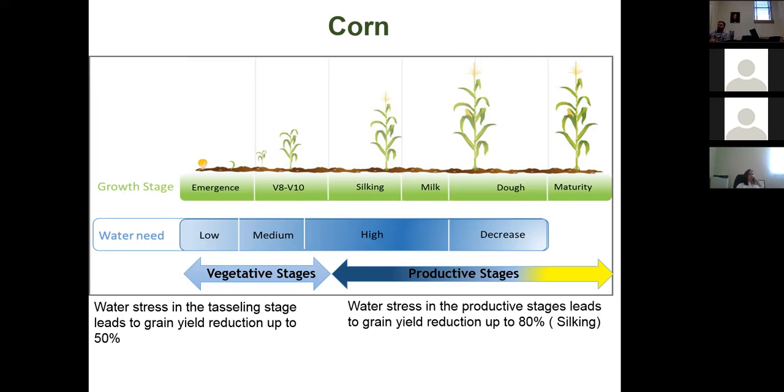And water stress during the reproductive stage can lead to grain yield reduction of up to 80%. You can see how sensitive corn is to water stress, and we should be careful when we manage irrigation for corn, because any stress has an impact on yield.